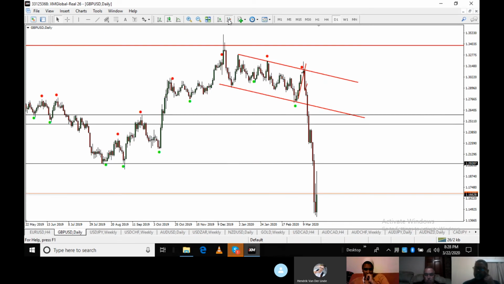So if I switch to a daily time frame, I will see that my last bar fully engulfed my second last candle. But I'm also not gonna discount this rejection that came into play here late Friday before closing.